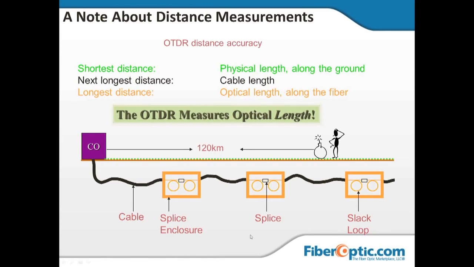So again, in this example, we might be shooting 147 or 150 kilometers with the OTDR. Then we've got to take out the helix factor and all of this slack to get back to 120K on the ground. So those are just some of the things that you want to be aware of and some of the limitations of the OTDR distance measurements. You have to know what it is you're looking at.